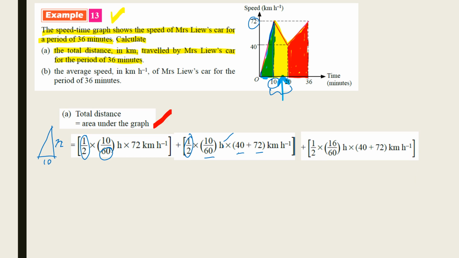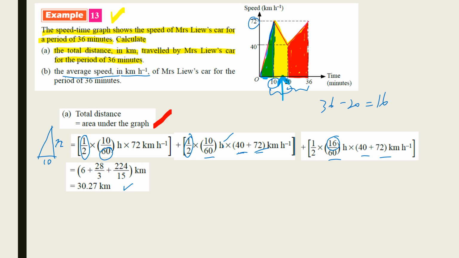The red trapezium is also from 20 to 36. 36 minus 20, it's 16. That's why it's 16 here. Divide by 60, and then 40 plus 72 is the same. Okay, you just use your calculator and you will get the answer, 30.27 kilometer.